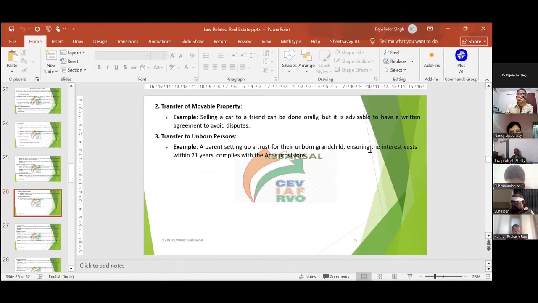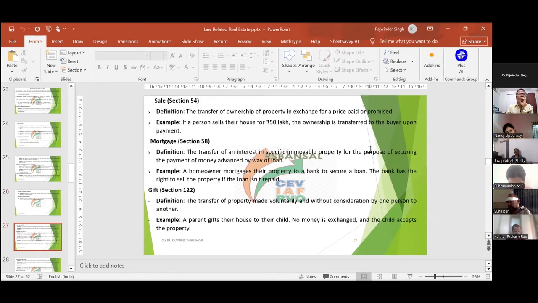Then transfer to unborn persons. A parent setting up a trust for their unborn grandchild, ensuring their interest vests within 21 years, complies with the Act's provisions. Then sale. Sale is defined under section 54 of the Act.